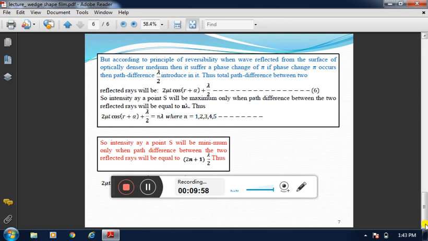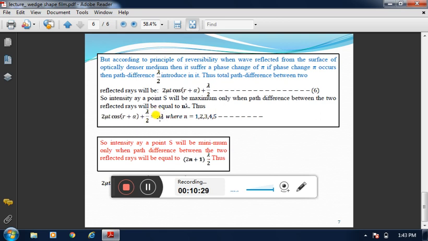We already know, according to Stokes' law, when the light ray changes its medium from rarer to denser or denser to rarer medium, an additional path difference lambda by 2 or phase difference pi occurs. Then the net path difference becomes twice mu t cos (r plus theta) plus lambda by 2. Dear student, as we all know, for maxima it is an even multiple of half wavelength of light, meaning twice n lambda by 2.